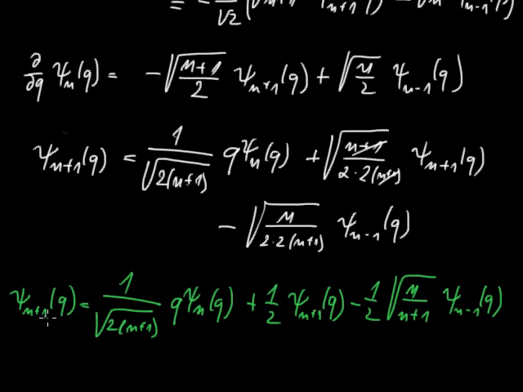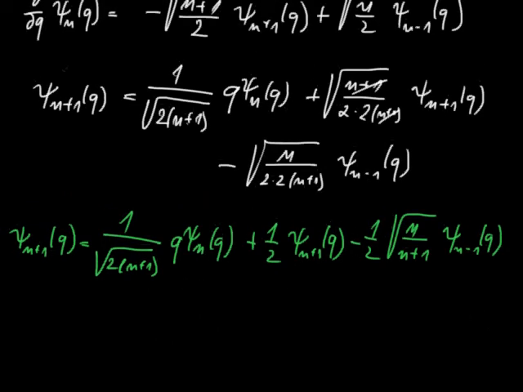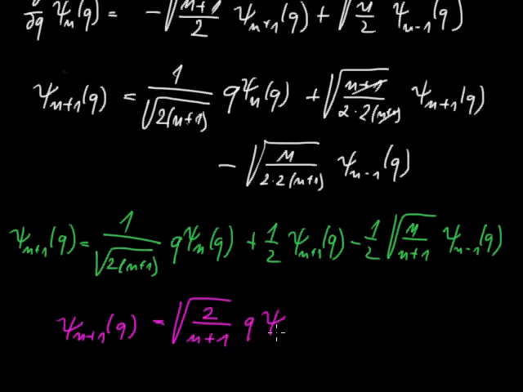So I take this to the left hand side, so there will be 1/2 of psi n plus 1, and I multiply everything by 2, and I get the actual final result of this part, which is that psi n plus 1 can be written only in terms of the known, or if I continue iteratively from 0, using the known psi n of q and psi n minus 1 of q.